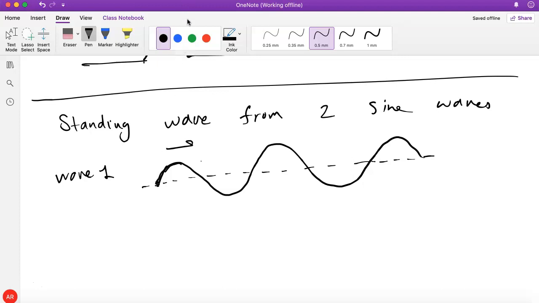And let's say we have wave 2 that, at time 0, maybe looks the opposite, so let me just shift it this way.